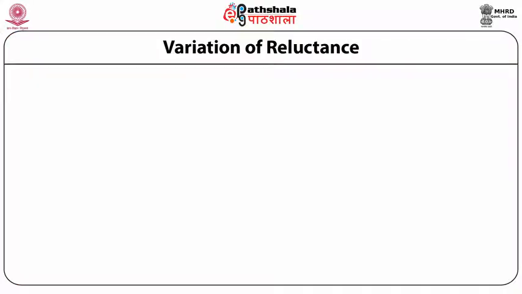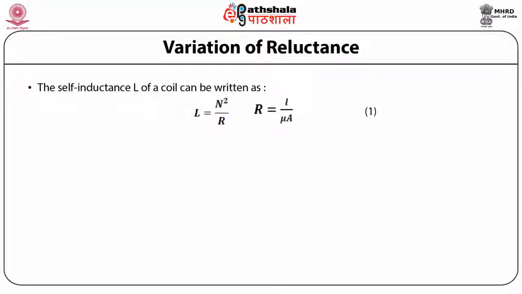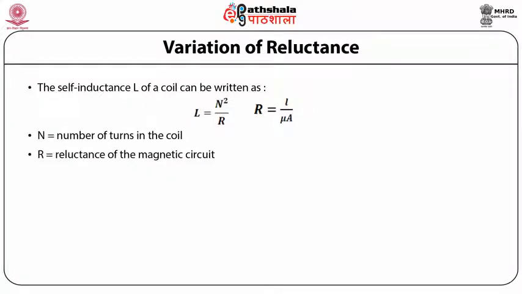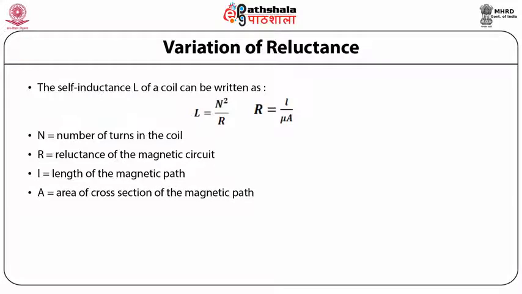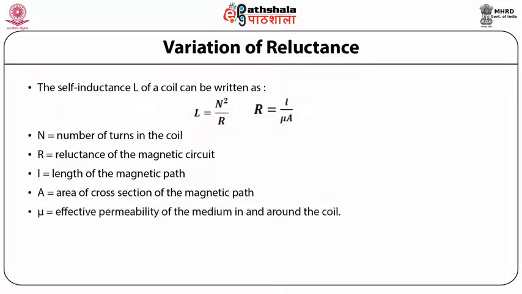Variation of reluctance. The self-inductance L of a coil can be written as L equal to N square by R, where R is l by mu A, where N is the number of turns in the coil, R is the reluctance of the magnetic circuit, l is the length of the magnetic path, capital A is the area of cross section of the magnetic path, and mu is the effective permeability of the medium in and around the coil.